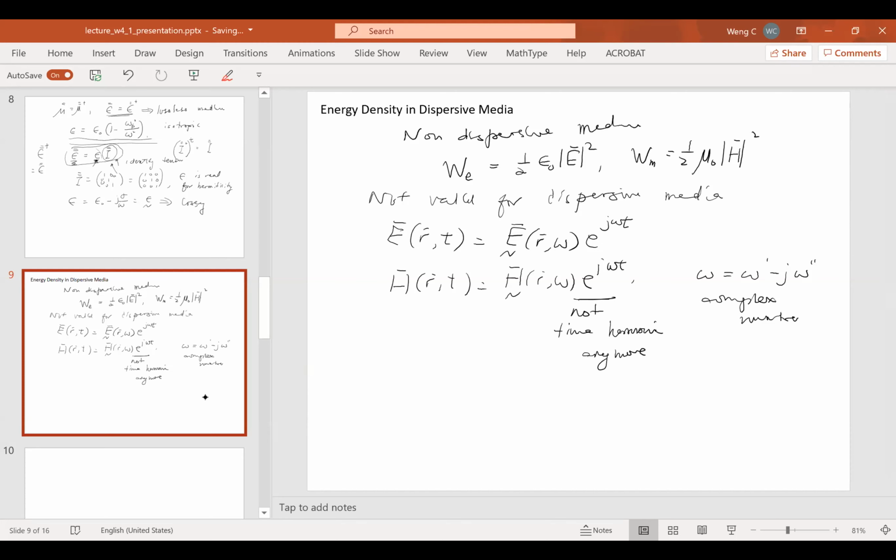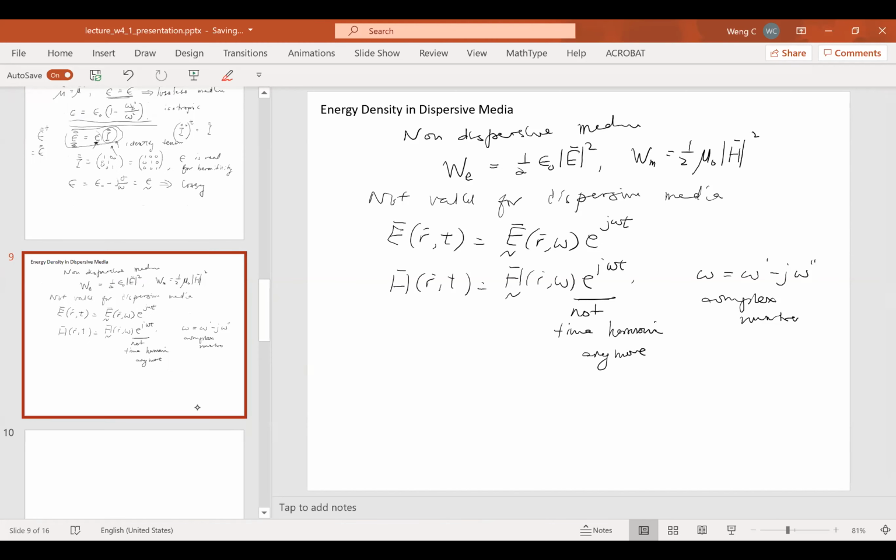And if you do that, then what you have is that you can take the divergence of this quantity now, divergence of E cross H. And since these are solutions of Maxwell's equations, you can very easily show that even though you write the field in terms of complex numbers, they are still solutions to Maxwell's equations.